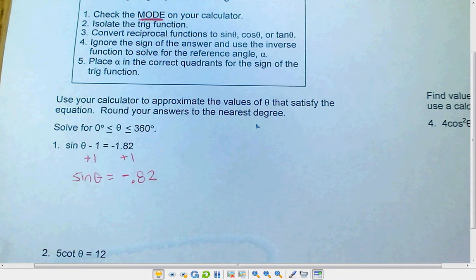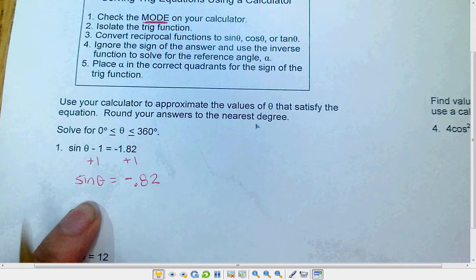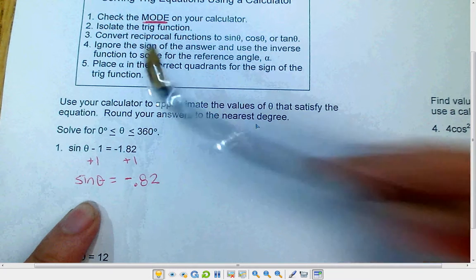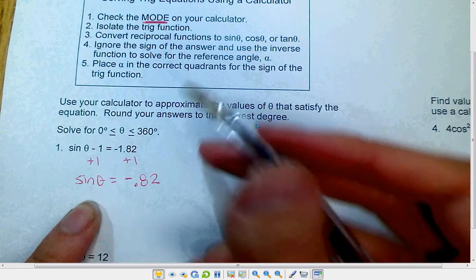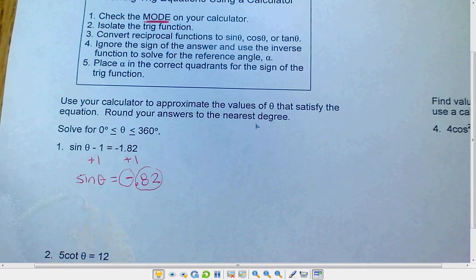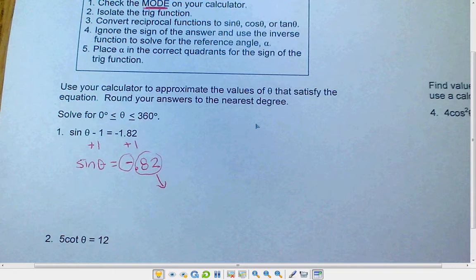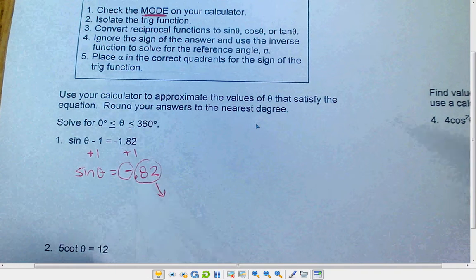Okay. So just like before, there's going to be two parts of this problem. First, sine is already one of the three main ones. It's not a reciprocal, so we're good. The two parts we're going to look at are the number and the positive or negative. The first thing we're going to do is take the number. This is the part where before we were using the chart, but clearly 0.82 is not on our chart.